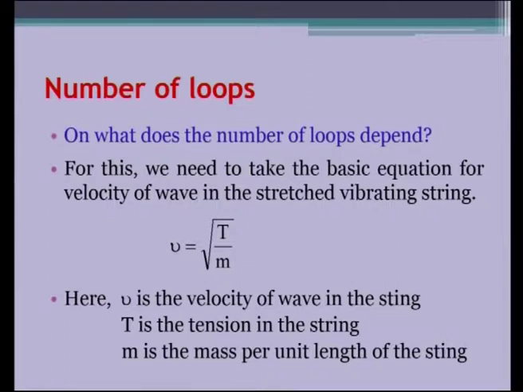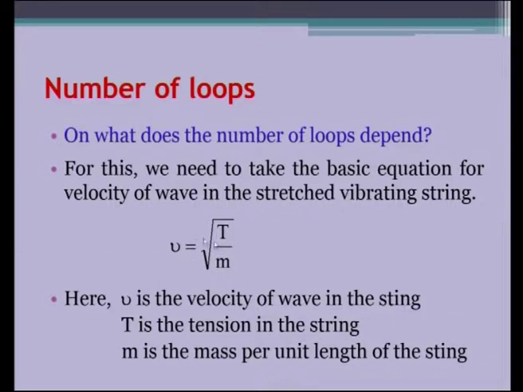On what does the number of loops depend? For this, we need to take the basic equation for velocity of wave in a stretched vibrating string. This is an already known equation. The velocity of the wave that is set on the string is equal to the square root of the tension in the string divided by the mass per unit length of the string.